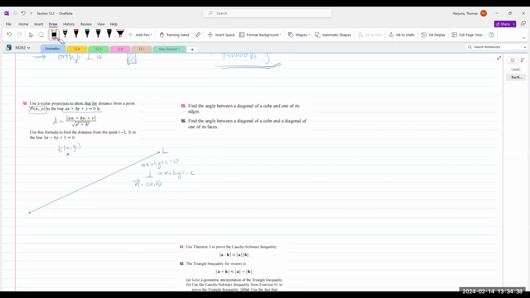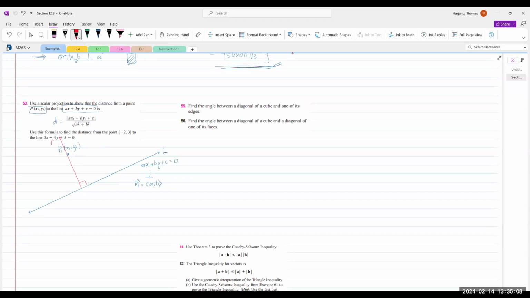Now, if I depict that vector AB, I'm trying to give you a better view of the graph. Let's say this is the vector normal to it. I don't like the color though, let me change the color, otherwise it may be confusing. So this is the vector normal to it, right?